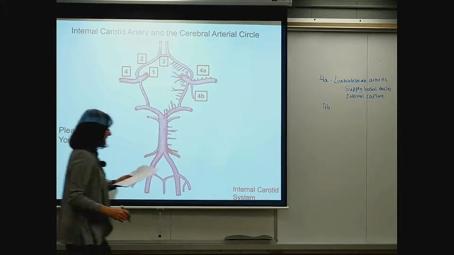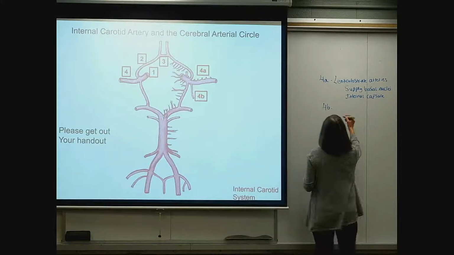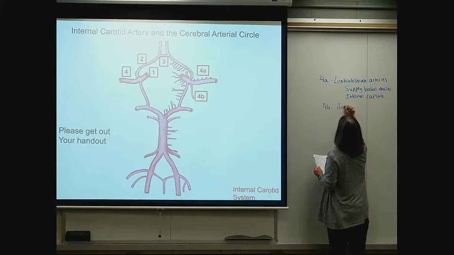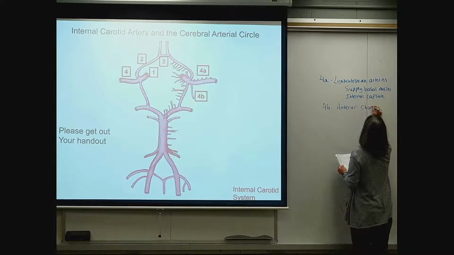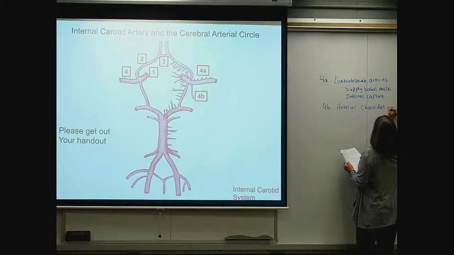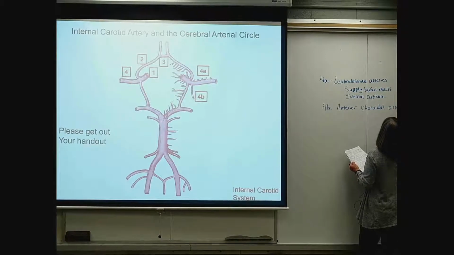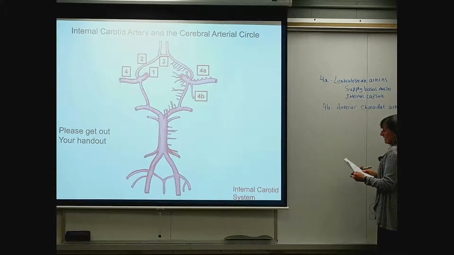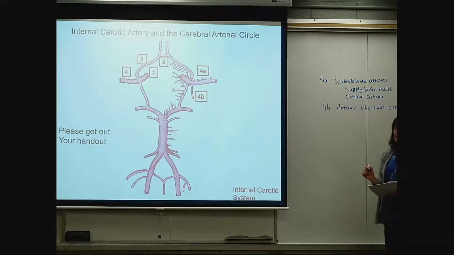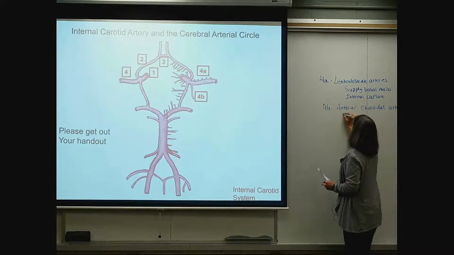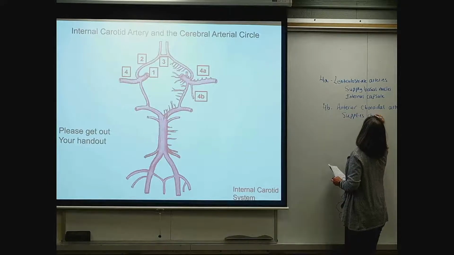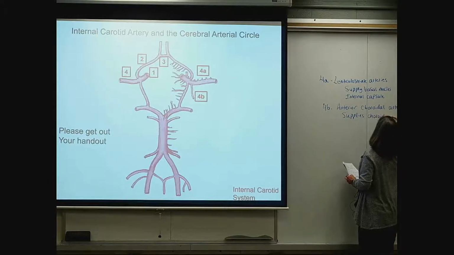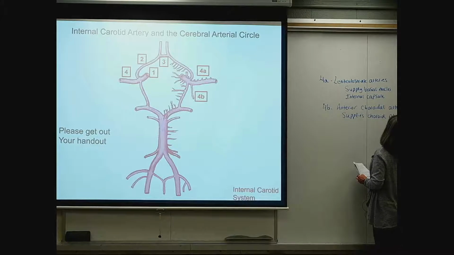There it is. This is called the anterior choroidal artery. And this supplies the choroid plexus. Another term that you guys will become very familiar with.